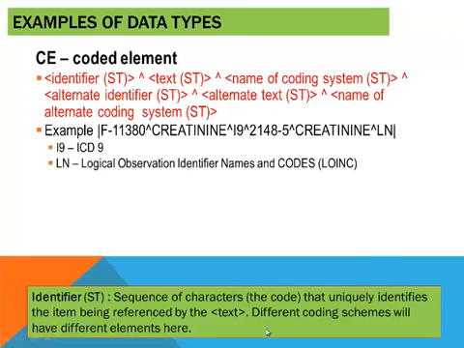So you find that different code schemes will have different elements here. We need to put the name of the alternate code system here to specify where these come from, so that the computer can identify what these mean.